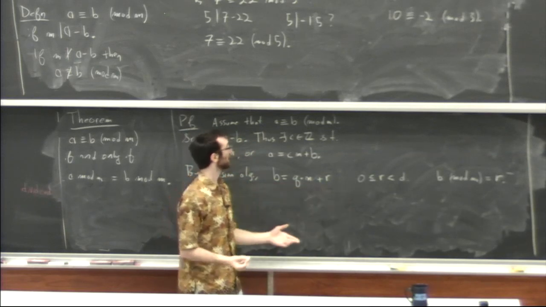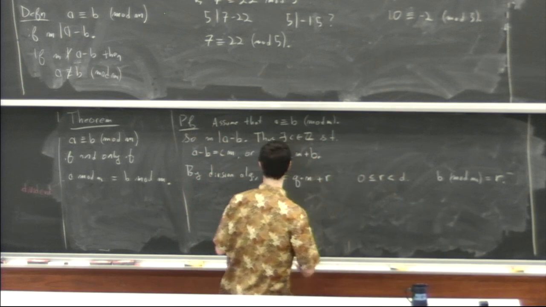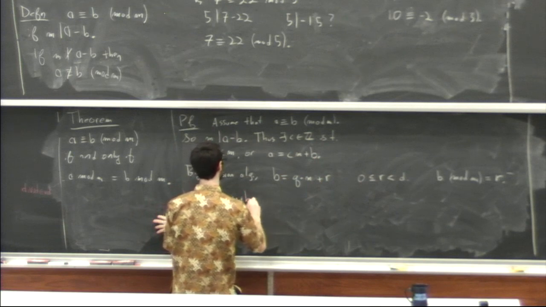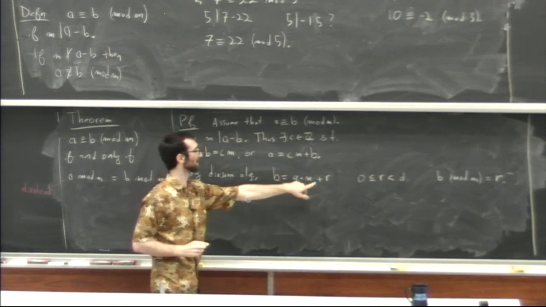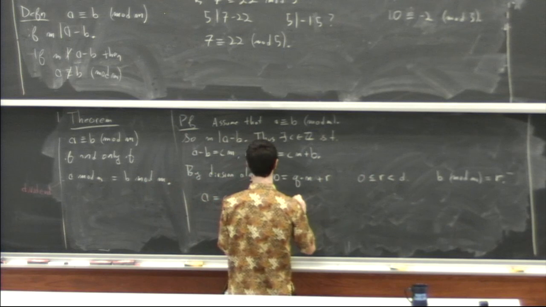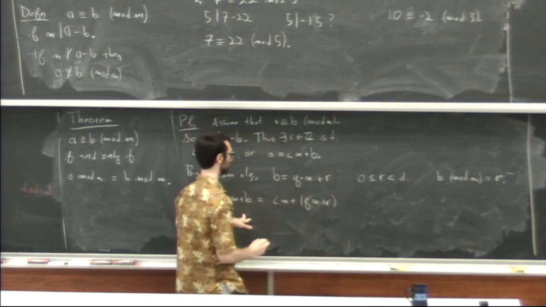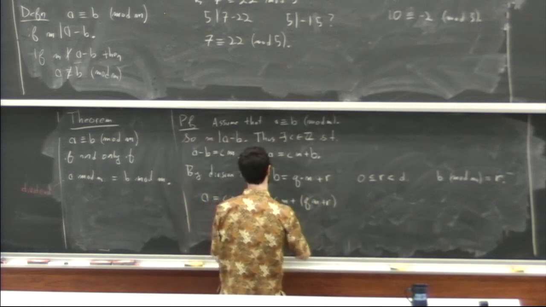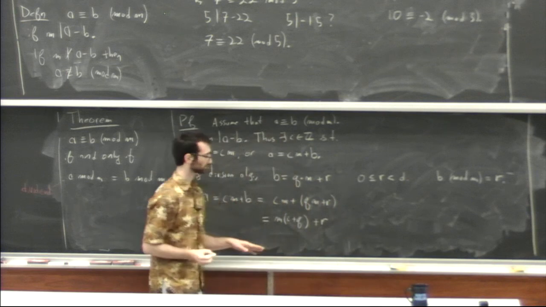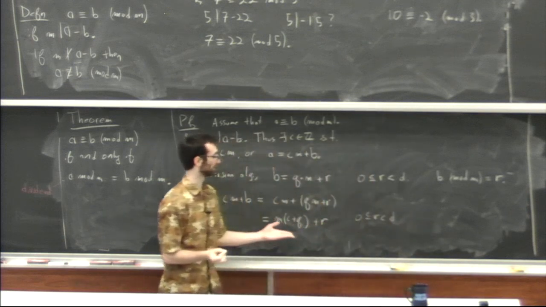So now what I want to show is that A also has remainder R when I divide it by M. A is equal to CM plus B, and I also know B is equal to QM plus R, so A is actually equal to CM plus QM plus R, which is equal to M times C plus Q, plus R, where once again, 0 is less than or equal to R is less than M. I haven't changed R here.